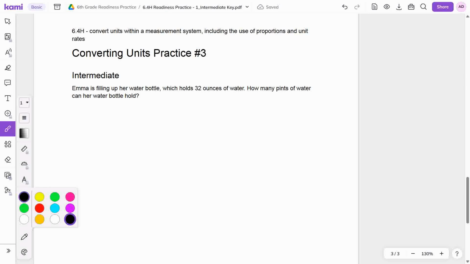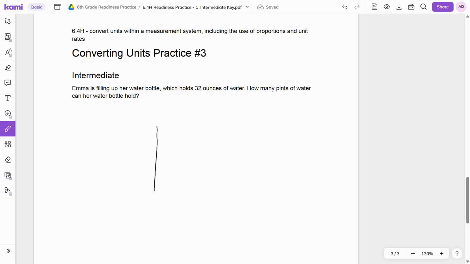And then we've got Emma filling up her water bottle, 32 ounces, and we need to turn that into pints. Okay, so if we've got a water bottle, we'll just say this is our water bottle here, and this is 32 OZ. All right, so we're going to kind of work up to a much larger unit. So we need to know that 8 ounces first equals 1 cup.